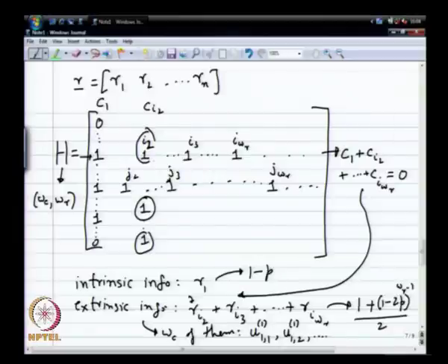Suppose you want to figure out what better estimate to use for Ci2 in this particular row. You have to use Ri2, then you have to use the estimates that you got from this second row and this third row only. You cannot use the estimate you got from this particular row once again.